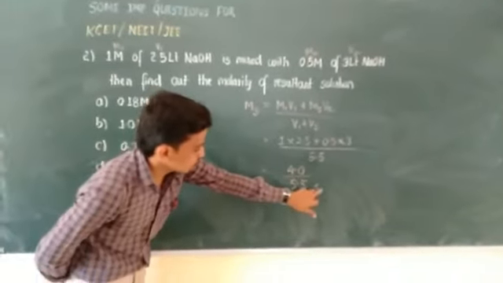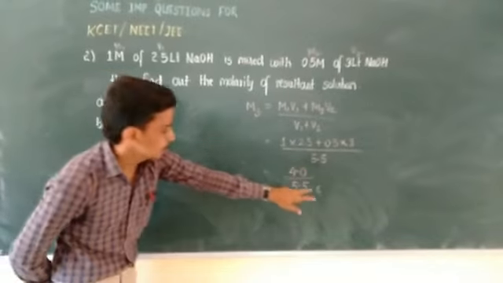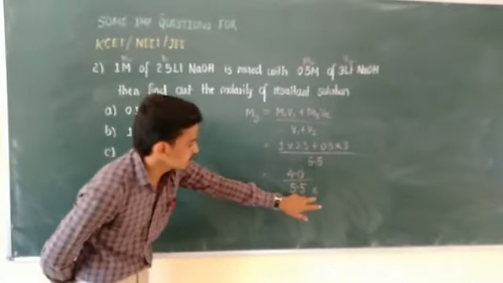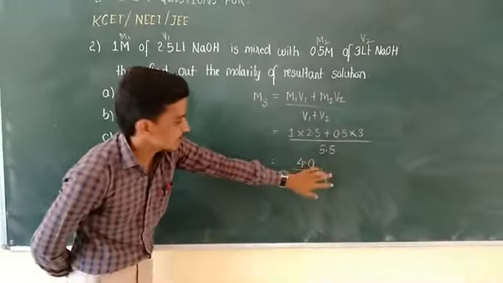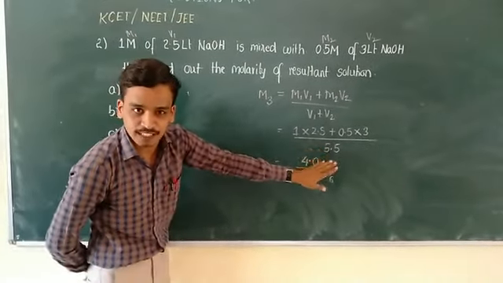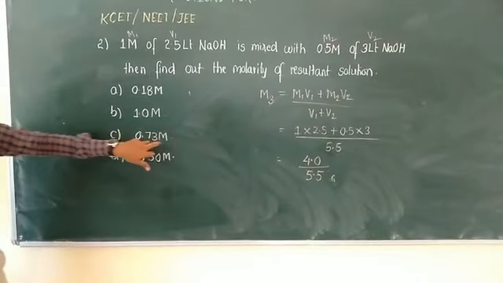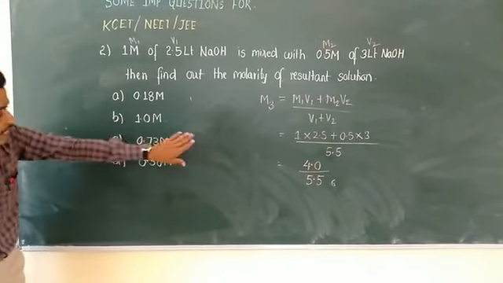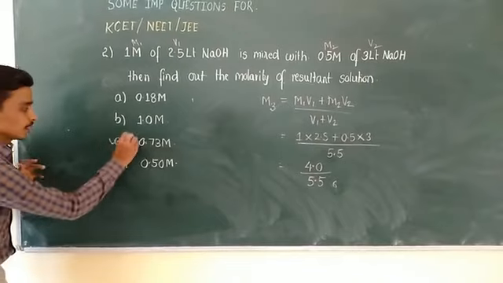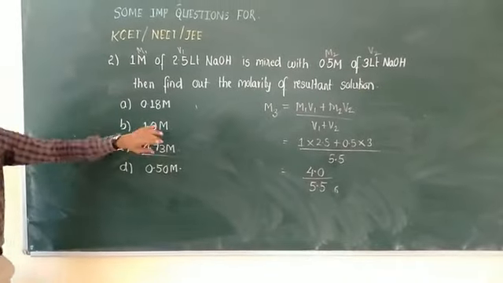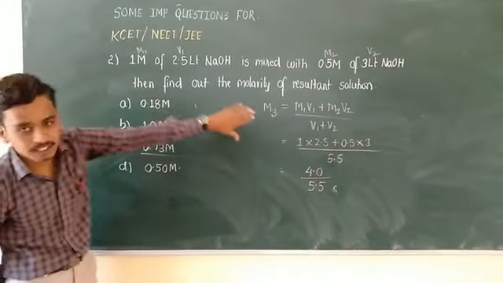And what can be used here? Numerator 40 and denominator 6 means the value is nearer to 7. It means 6 into 7 is nearly 42. Therefore, it is the final answer. Any value near to 7, it means 0.7 is the starting number. Therefore 0.73 is the possible correct answer for this problem.